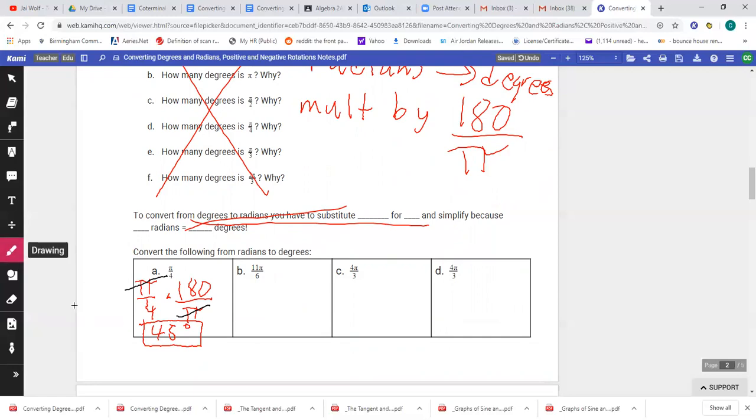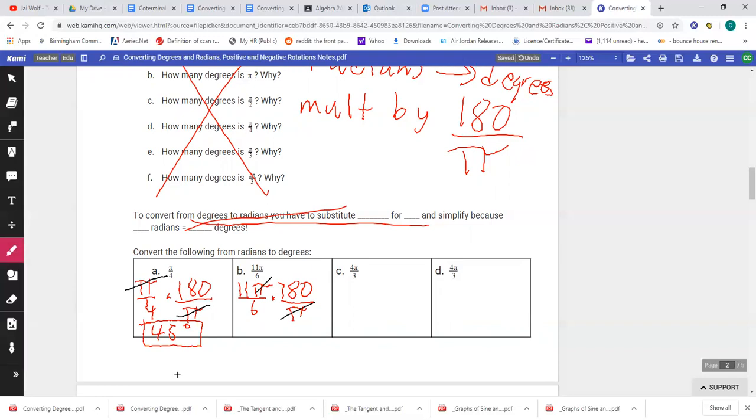This is just a bunch of calculator work. So if you could use your calculator right now and work this one with me. So 11 pi over 6, I multiply it by 180 over pi. So once again, what happens here? The pi's cancel.